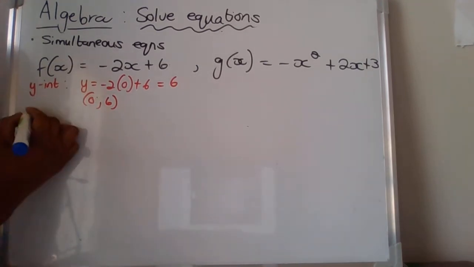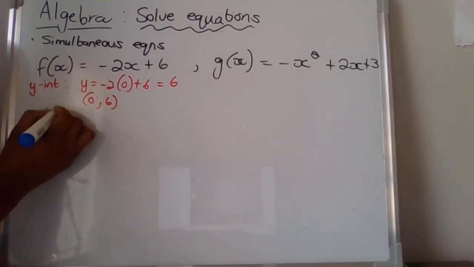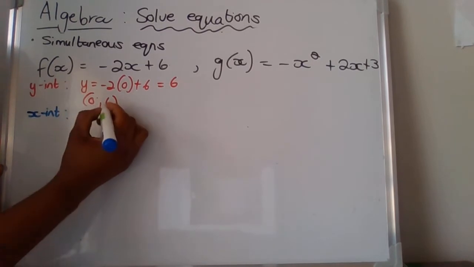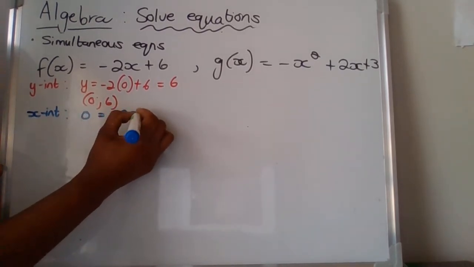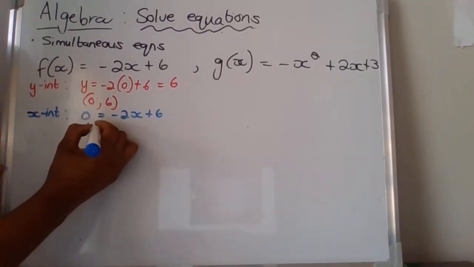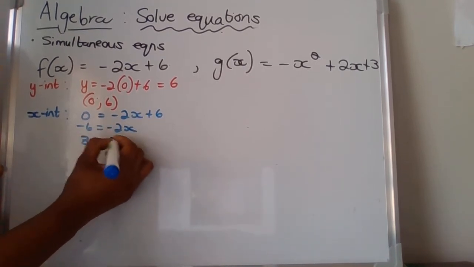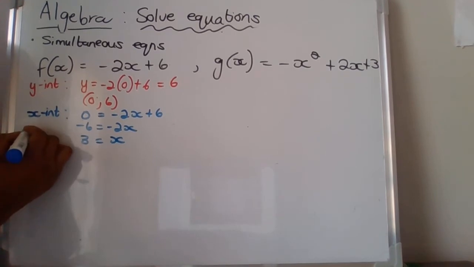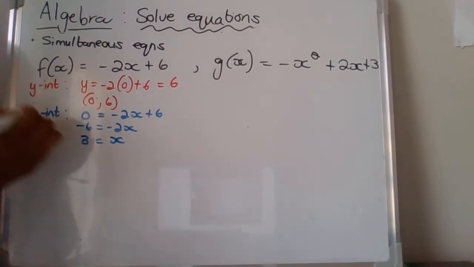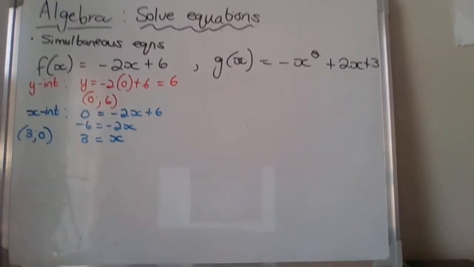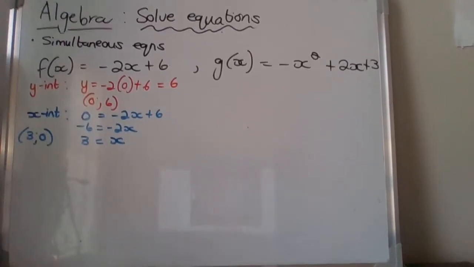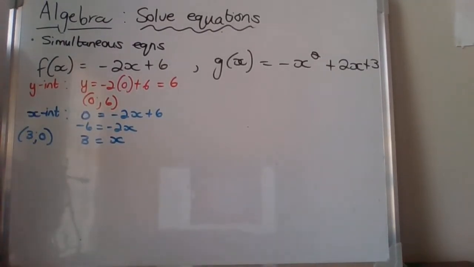Then to find my x-intercept, I set my y equal to 0, and I solve for x. So minus 6 equals minus 2x. Therefore, 3 equals x. So my x-intercept is (3, 0).